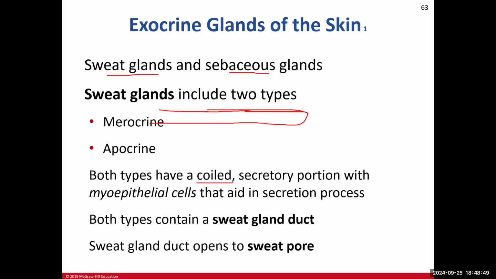The secretory portion, because remember, there's two parts. You've got the secretory portion, which makes the secretions, and then you've got the conducting portion, which moves those secretions from the gland onto the surface of the epithelium, mainly the skin, since we're talking about skin. So you have these specialized cells, myoepithelial cells. Myo, think muscle.